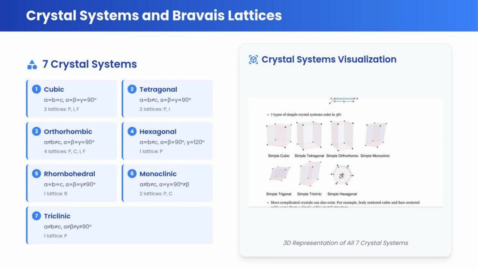Moving on, the hexagonal system features 2 equal sides with angles of 90 and 120 degrees. Rhombohedral has all sides equal and all angles equal, but those angles are not 90 degrees. Monoclinic has no equal sides and only 2 90-degree angles. Finally, triclinic is the least symmetric, with no equal sides and no 90-degree angles.